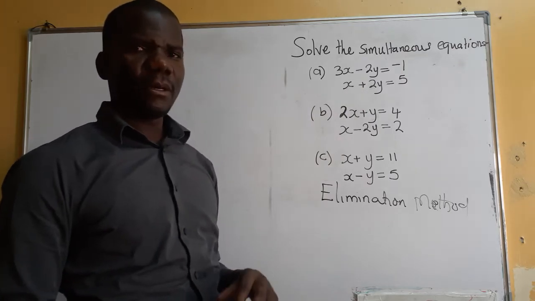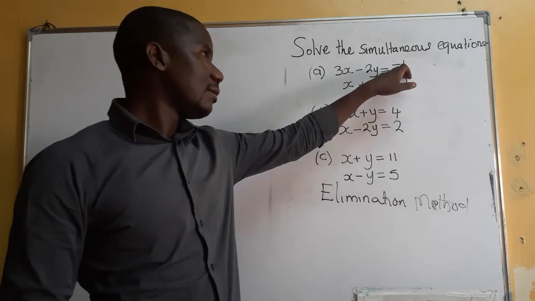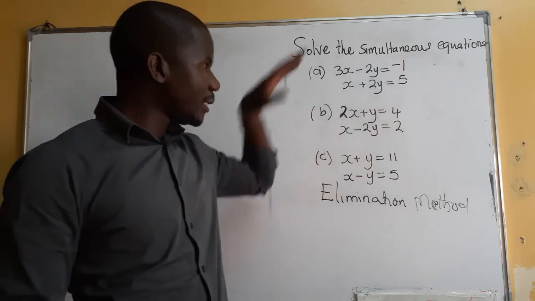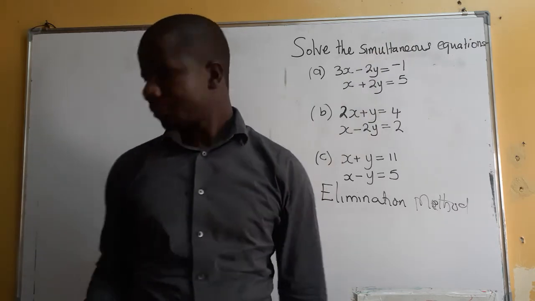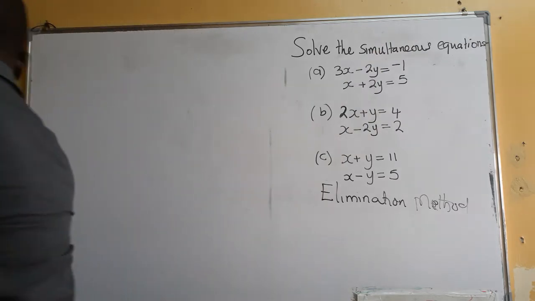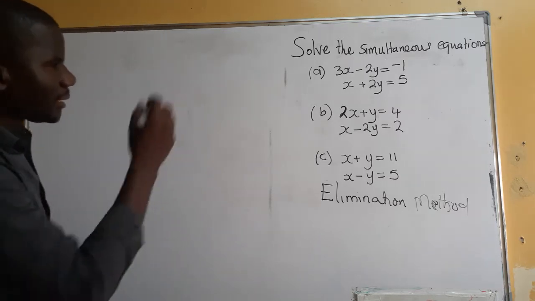When we substitute for x and y, we should get -1, and when we do the same thing in the second equation, we should get 5.